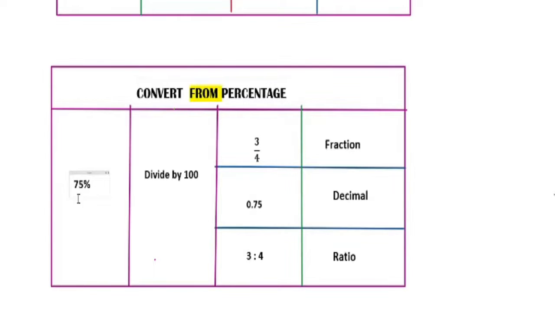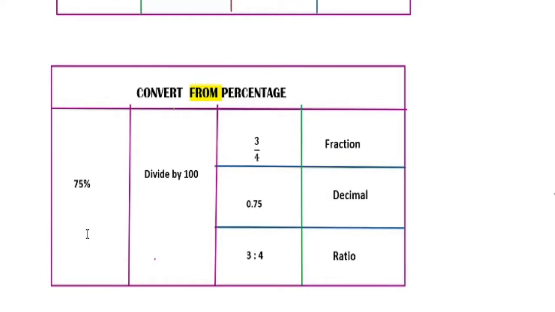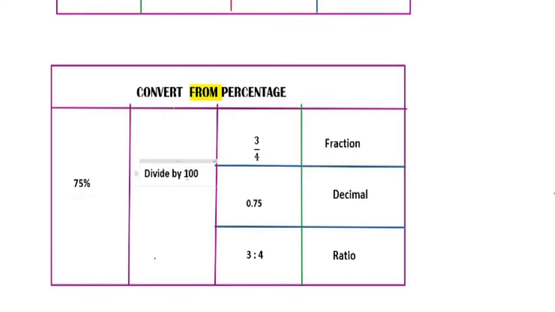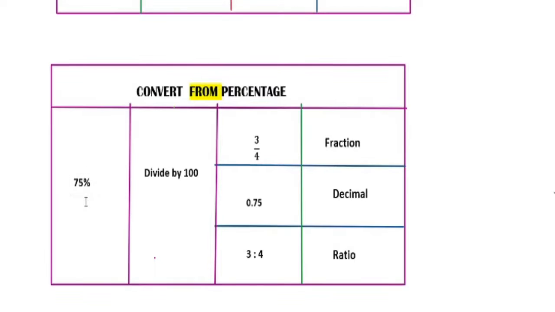We have to convert this 75% into fraction, into decimal, and ratio. For converting any percentage, we have to divide it by 100. So 75% for converting into fraction, you divide it by 100, or 75% means 75 per 100. So 75 by 100, simplify it, you will get 3 by 4.